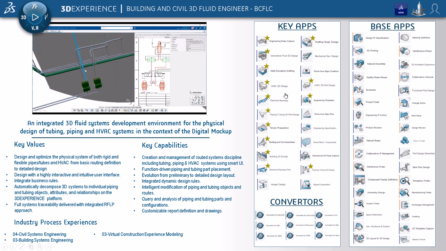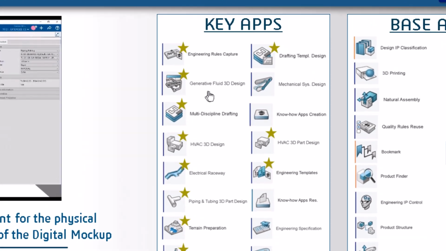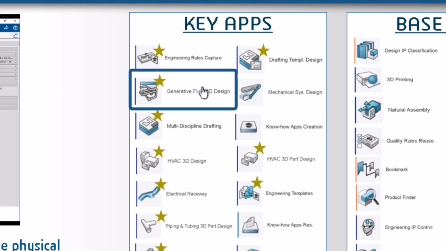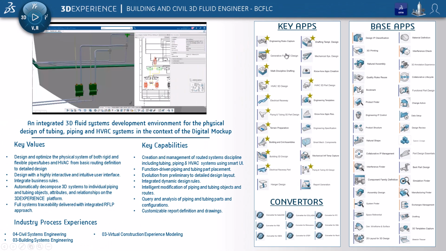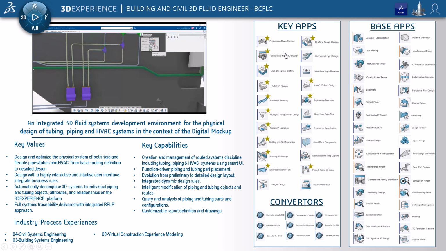However, the key differentiator here is that there is the application Generative Fluid 3D Design. And that application allows users to take a schematic design that's been done in CATIA and link it to a standard and a catalog and automatically instantiate the components from the schematic design into the 3D model.